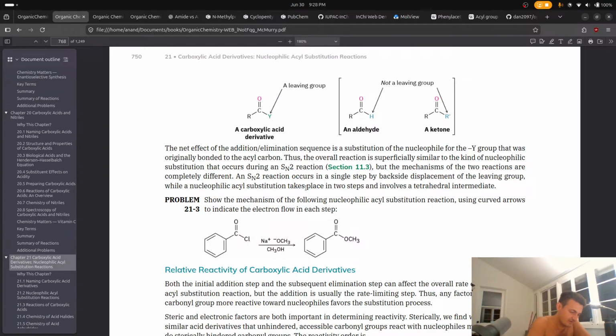So now we have phenyl, carbon, single bond, O minus, Cl, and then we have OCH3. Right? And we put this down, and then we go like this.